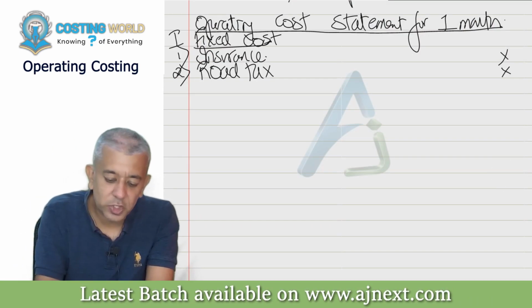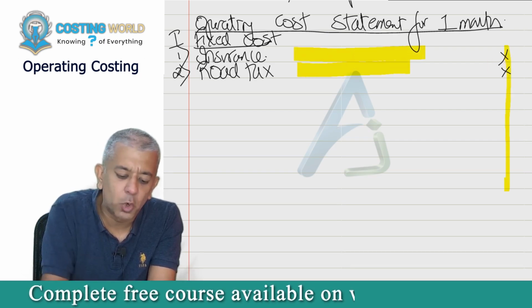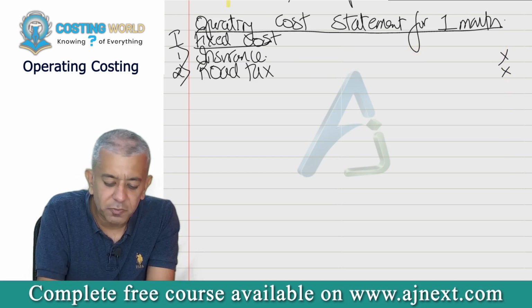If any calculations are required, all those calculations should be shown over here. And here, if you all want, don't put the decimals. You can round it off to the nearest rupee, please.